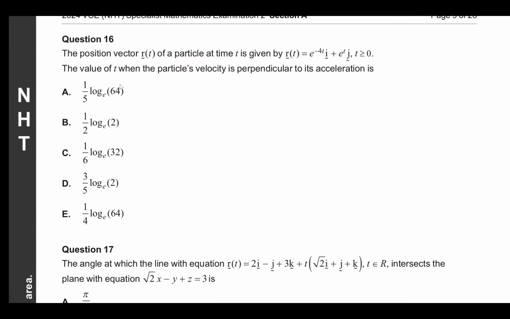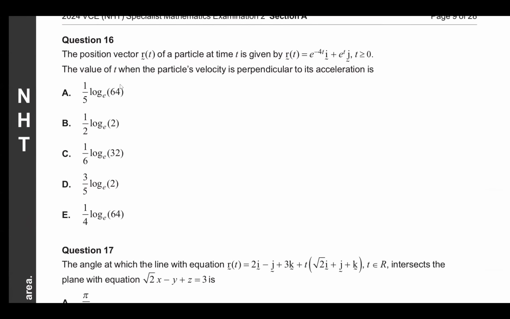All right, question 16. Position vector of a particle at a time t is given by this guy here. The value of t when the particle's velocity is perpendicular to its acceleration. So you could define this thing: r(t) equals e to the power minus 4t, e to the power t.